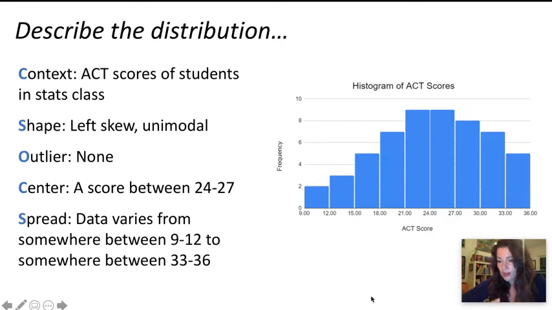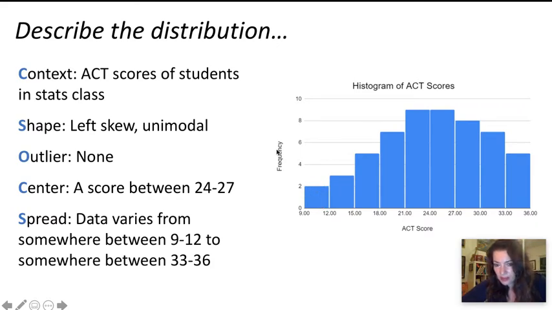Now, if you actually wanted to calculate the range, you should give the range as a single number, but you can always say the range is between, because in this case we have a histogram, so we don't really know the actual data here unless we were given a table.